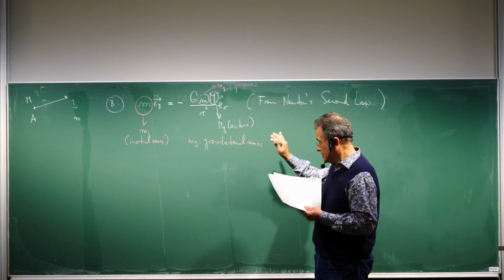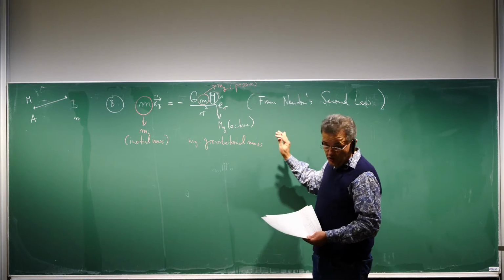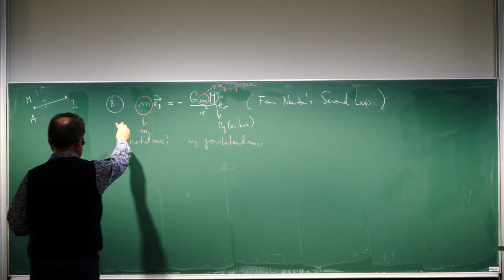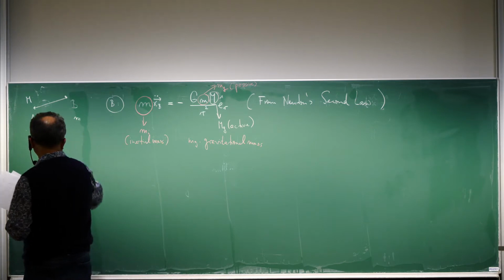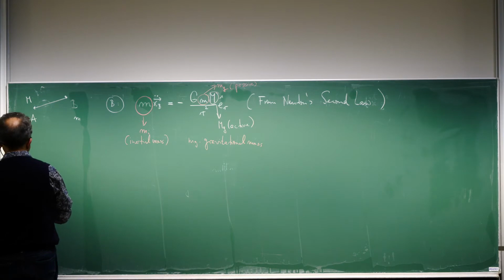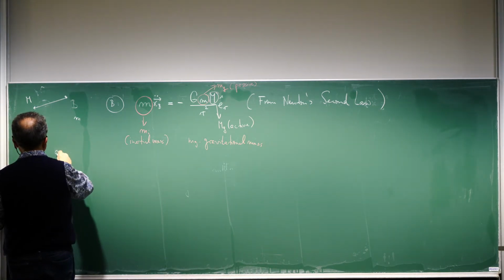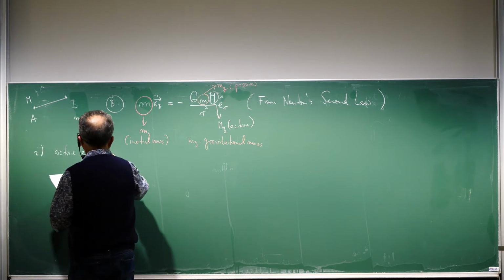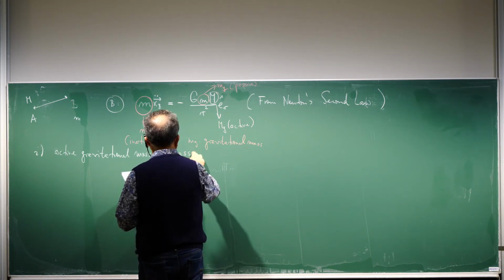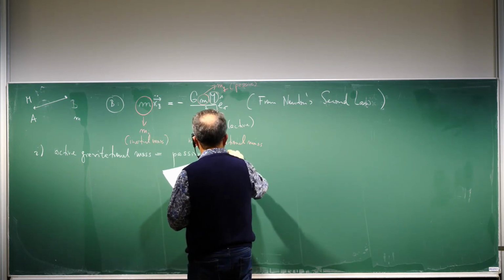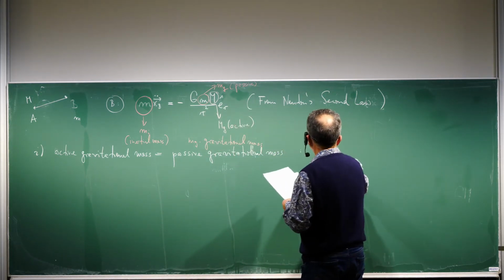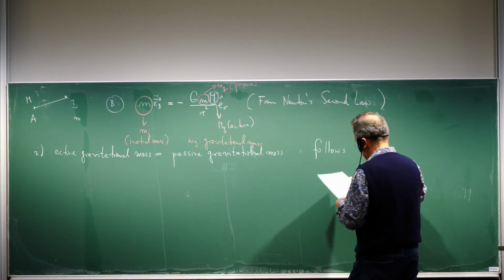This is the trivial part of this in a sense, and it follows from the actio equals reactio law, because we can also view this from the point of view of A, which is attracted towards B. So we have first that the active gravitational mass is equal to the passive gravitational mass. This follows from actio equals reactio, which is Newton's third law.